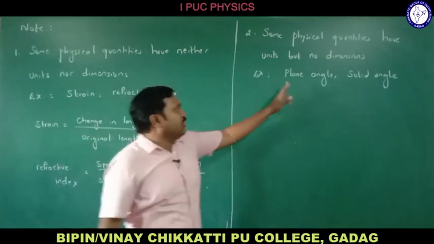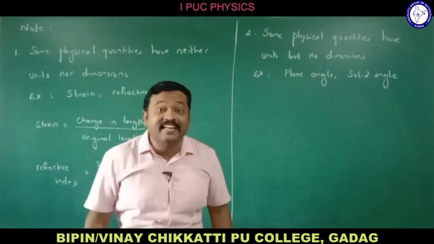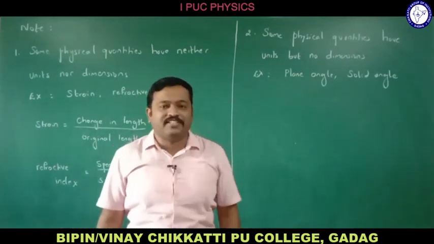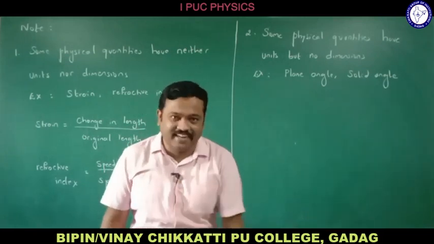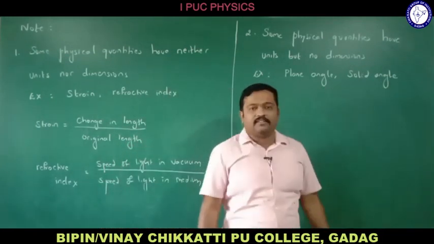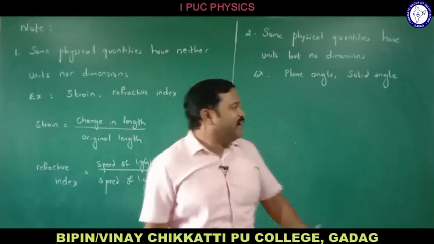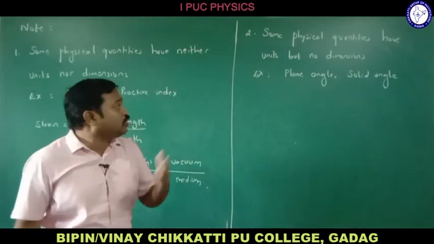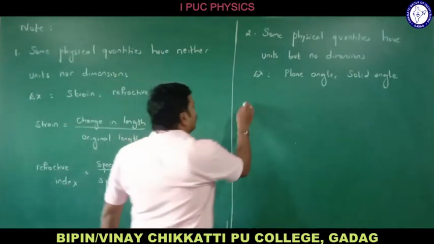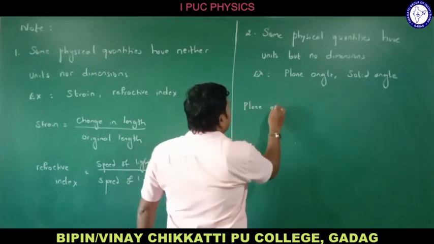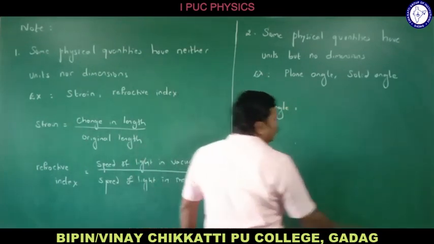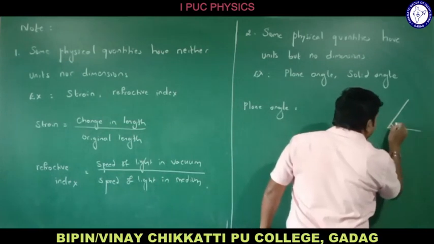We know the SI unit of plane angle is radian. You have studied fundamental SI units, and these were the supplementary SI units. The SI unit of solid angle is steradian. These quantities have units but no dimensions. Let us check. What is the formula for plane angle? The plane angle is the angle on the plane.